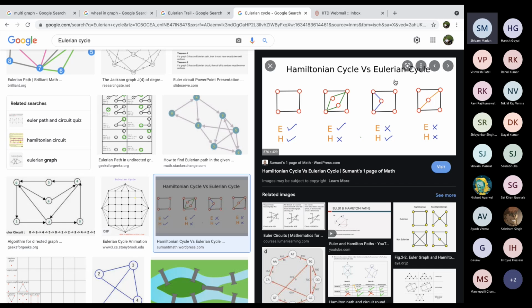Now if we look at this one, now this is Hamiltonian but not Eulerian. Okay. You can check why it is not Eulerian.